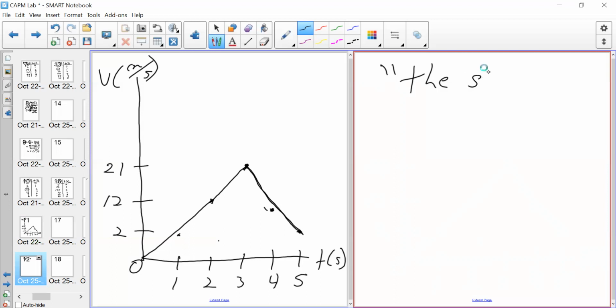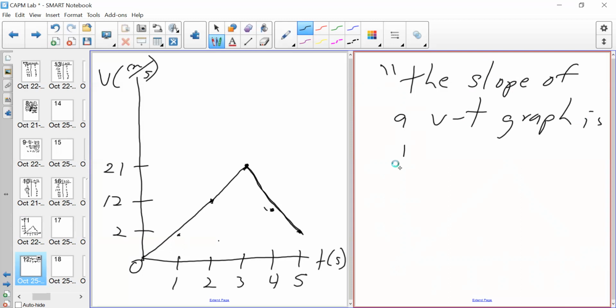So the slope of a VT graph, slopes, multiple in this case, the slope of a VT graph is the acceleration, the rate at which you speed up.